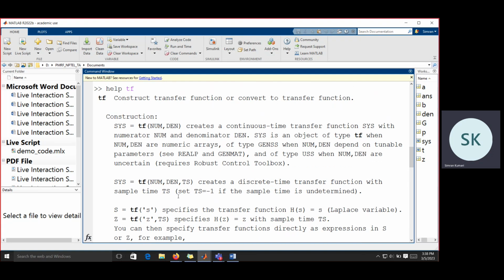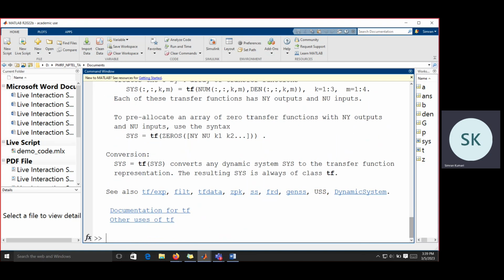There are various variants of this one. This is one of the variants where we provide the numerator polynomial and denominator polynomial coefficient vectors, and then it gives us the transfer function. So we'll just use that one only.